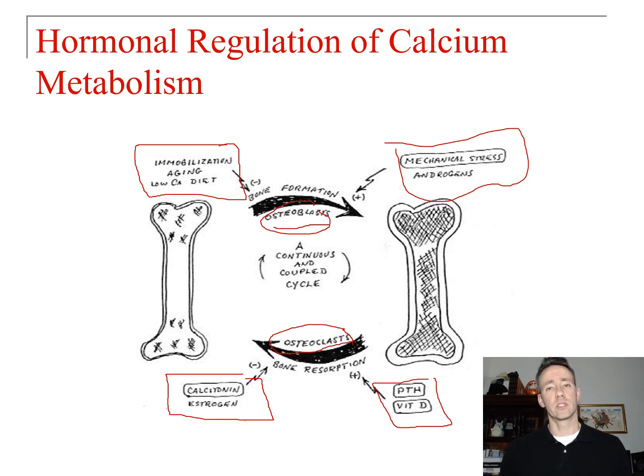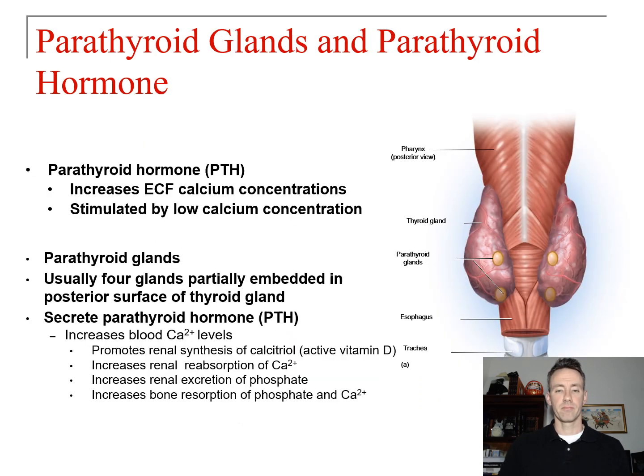If you're not going to use it, you're ultimately going to lose it. So the bone will get resorbed and they'll recycle those parts for something else instead. With aging, you see a decrease in bone formation, and of course, a low calcium diet could also inhibit bone formation.